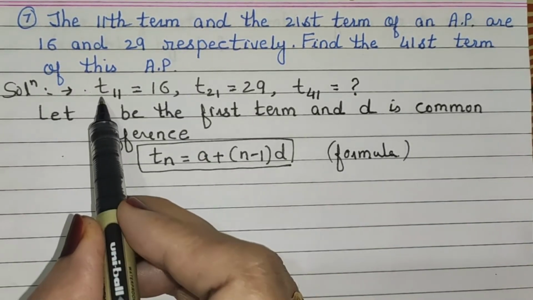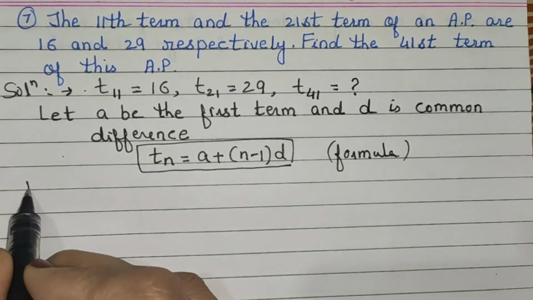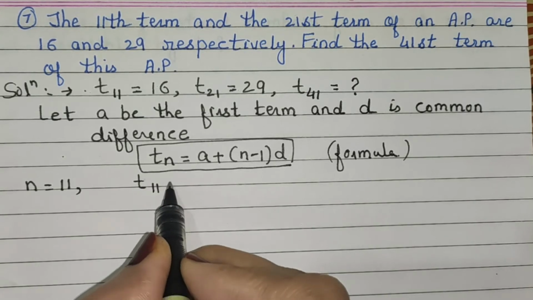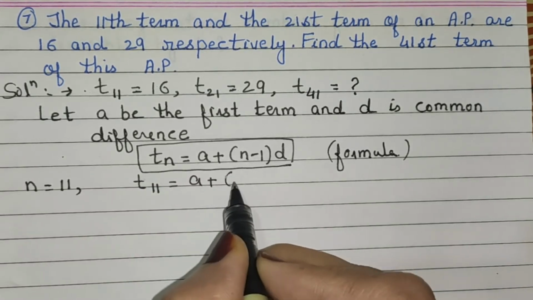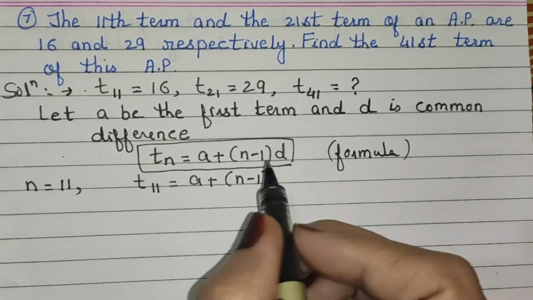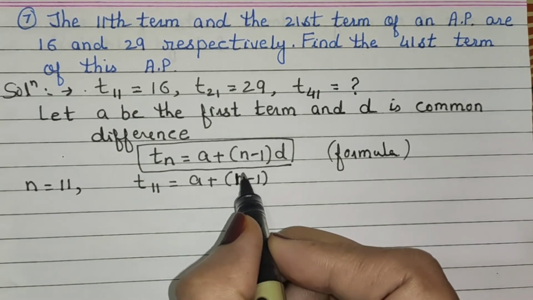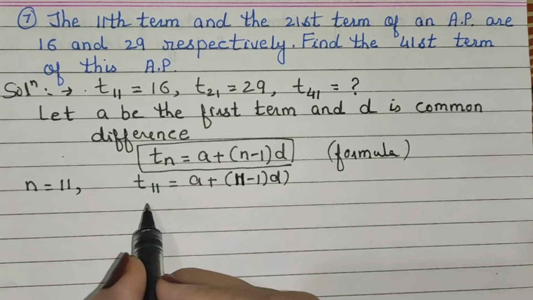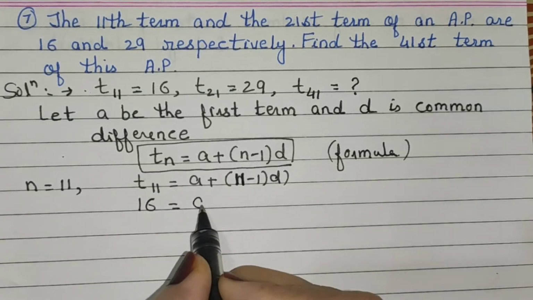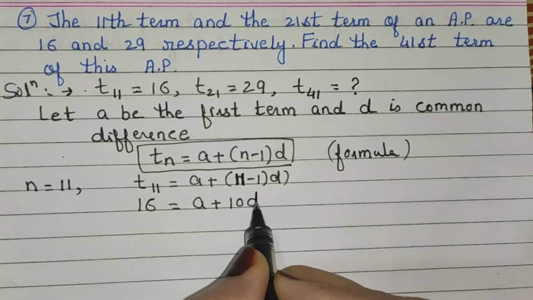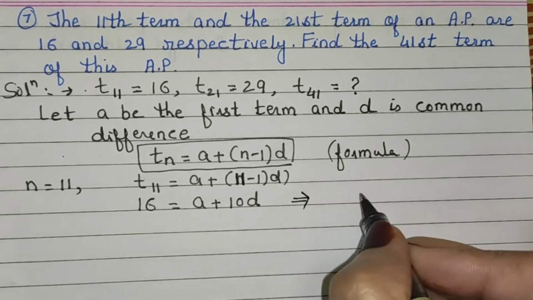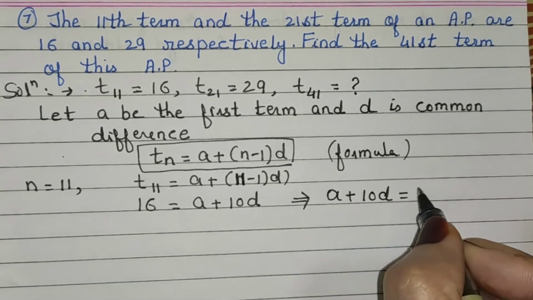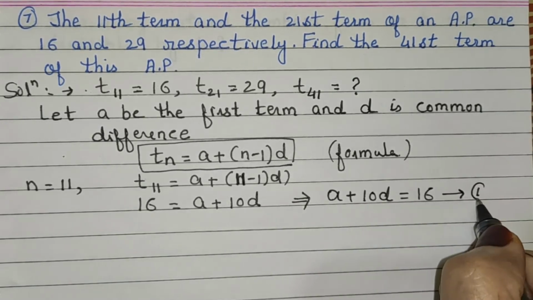Now first T11 is given. Now n is equal to 11. Substituting the value, we get T11 is equal to A plus 11 minus 1 into D. Now the value of T11 is 16. 16 is equal to A plus 10D. Now it can be written as A plus 10D is equal to 16. Give it equation number 1.